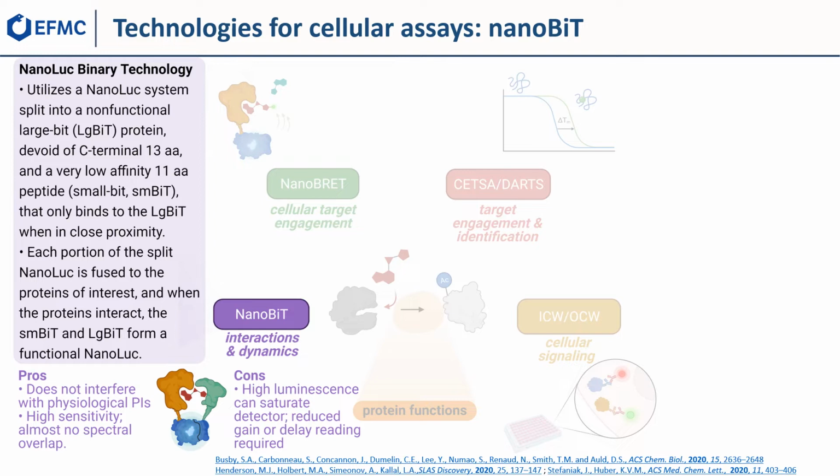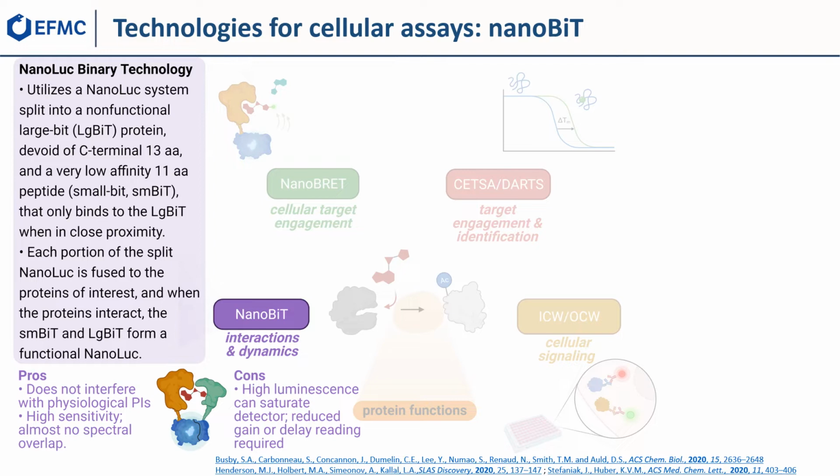NanoLuc also appears to have lower interference to inhibition by low molecular weight compounds. Although the overall signal strength for luminescence is much lower than fluorescence, the background signal is negligible for luminescence, often providing for a much greater signal-background ratio compared to fluorescence.